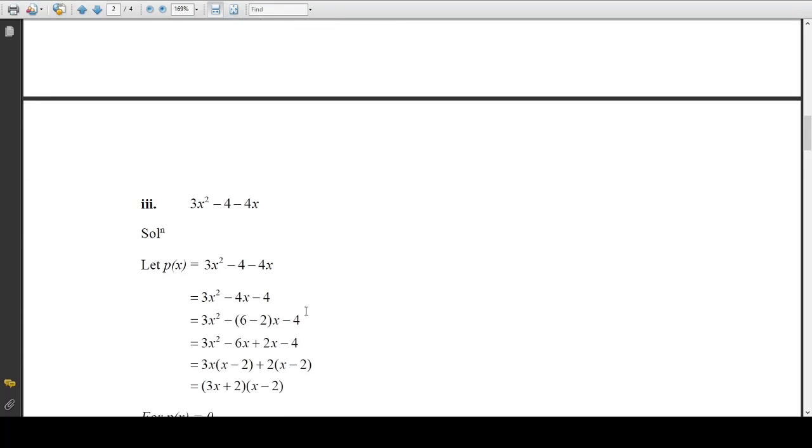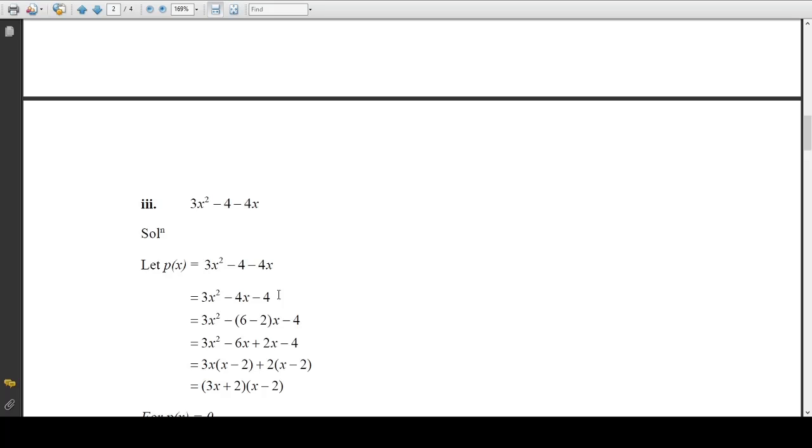Okay, coming to the next, number 3. Let us take this polynomial, 3x square minus 4x minus 4. Now try to write it in the standard form. What is standard form?